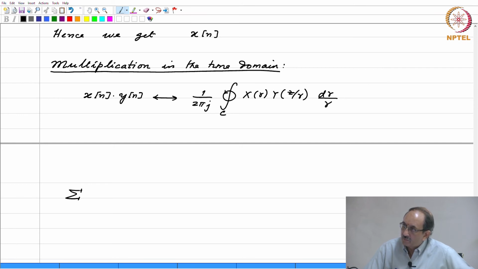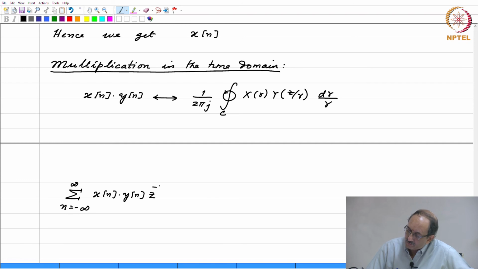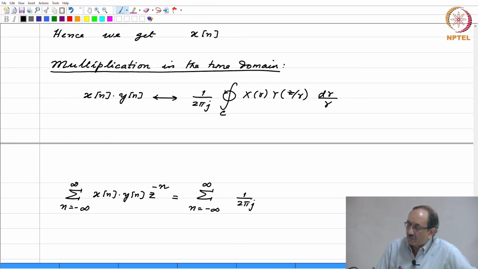So, we are looking at the z transform of x of n times y of n. Therefore, we sum up over all n x of n times y of n, and then this is z to the minus n. This is after all the basic definition. So, this is sum over all n, and for x of n I will replace x of n by its inversion integral.